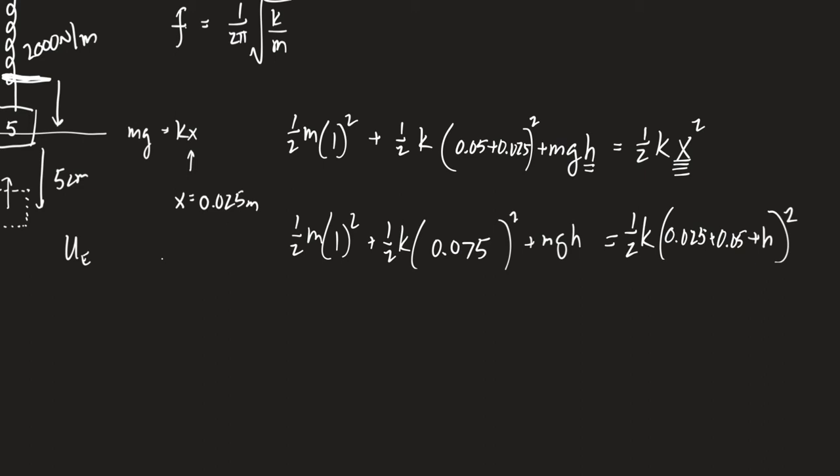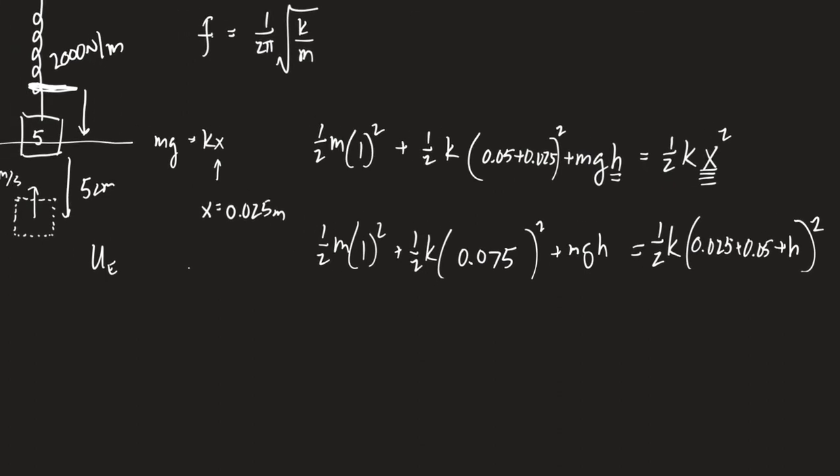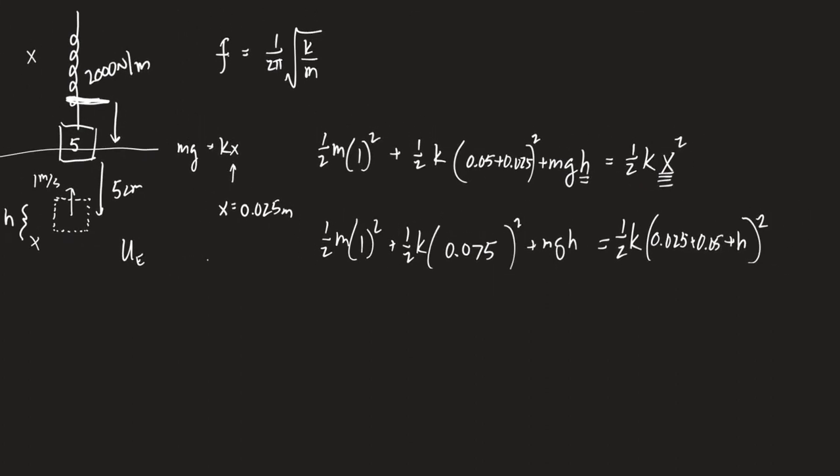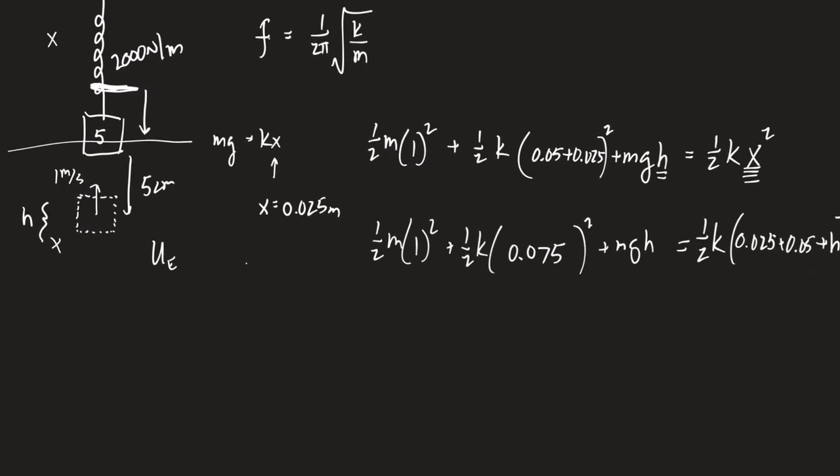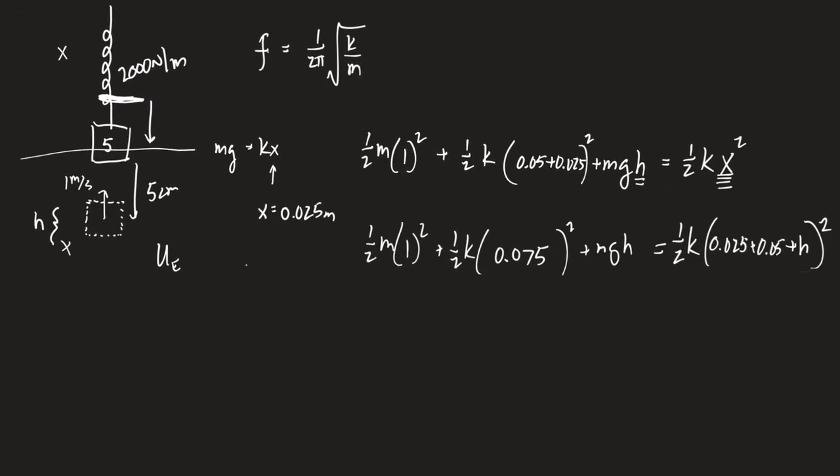So I'm going to pause for a minute, let you guys bang away at those numbers, because we have the mass and we have the spring constant. So I think you guys could probably work out a solution here.